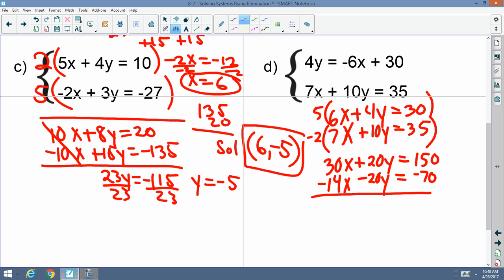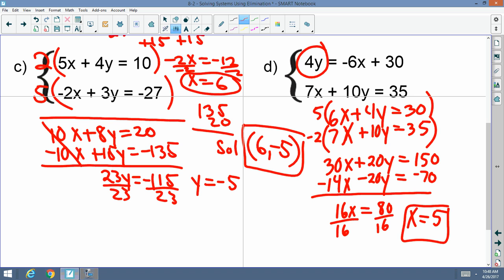And then that's going to be 16x equals 80, divided by 16. So x equals 5.